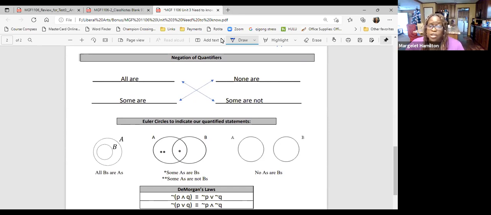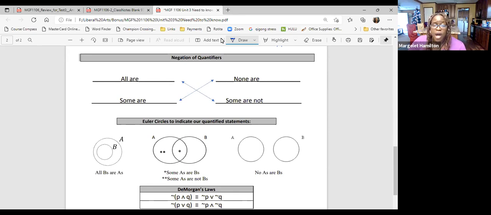But when we have a quantified statement, they start with all, some, or none. So when they give you a statement that starts with these words, you're going to remember our setup here, where all are on the top, along with none are. And your somes are always on the bottom. Some are, and then some are not.